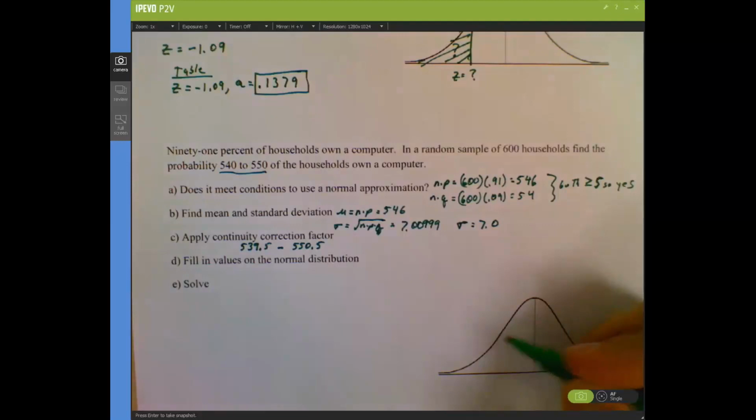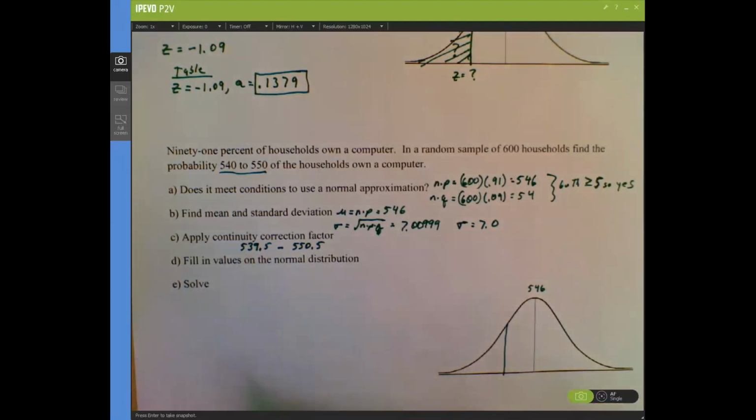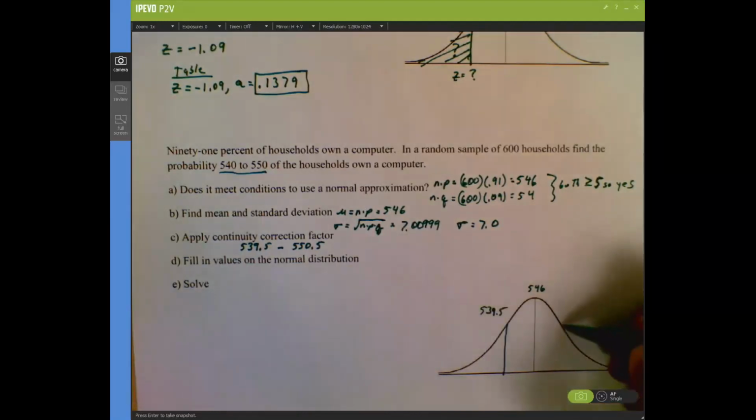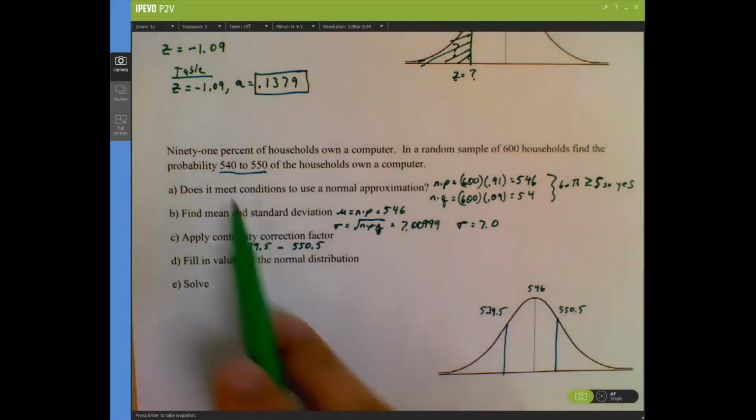Okay. We're now ready to fill those values in. We know our mean is 546. Lower boundary is our 539.5. Our upper boundary is 550.5.